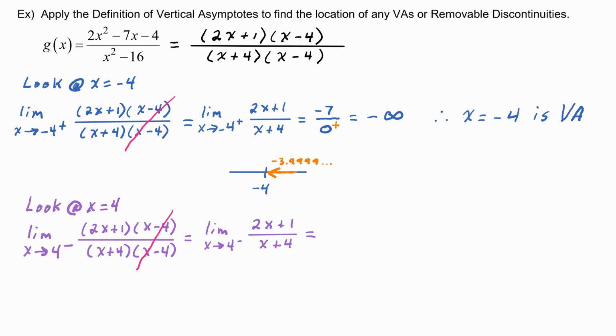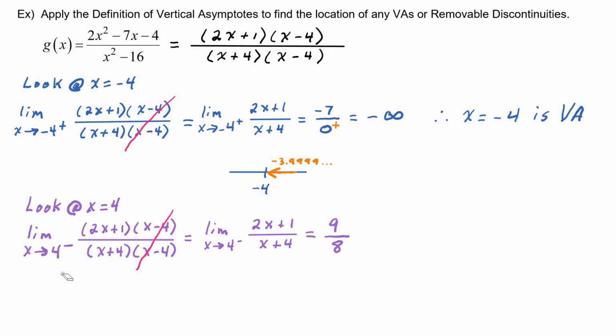And now this time, when we do direct substitution, we see that the numerator becomes 8 plus 1, which is 9. And the denominator becomes 4 plus 4, which is 8.